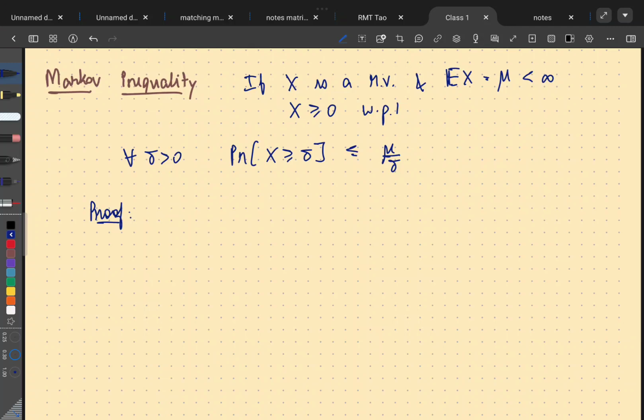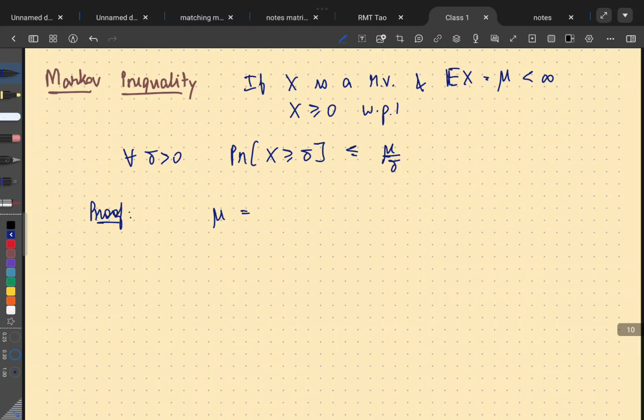So let's start with the definition of the expectation. What is mu equal to? For now, just for convenience, so that notation is simple, we'll assume that x is a continuous random variable with a valid probability density function. You can generalize this, but just to keep notation simple, let's assume that's the case.